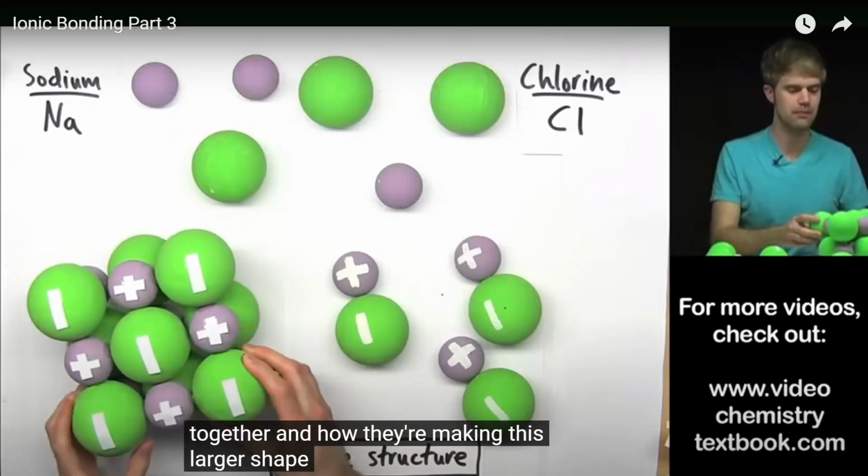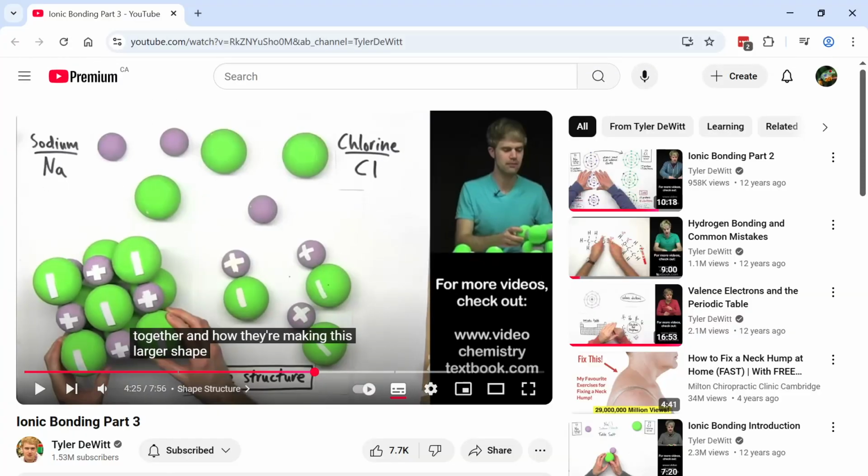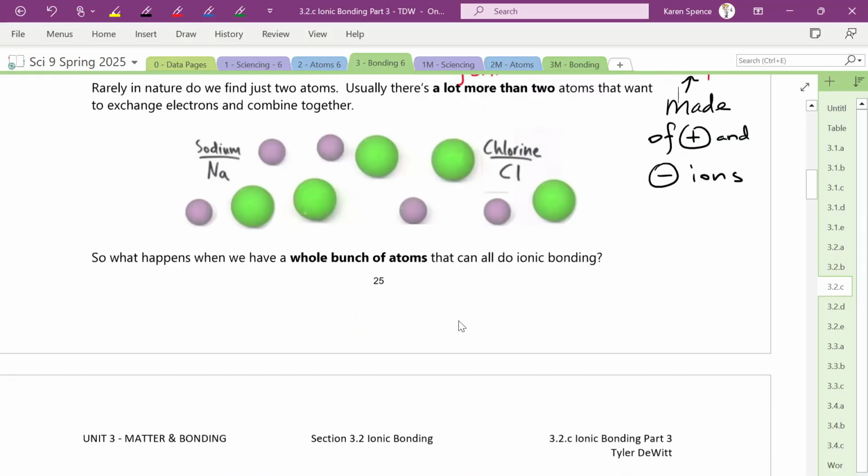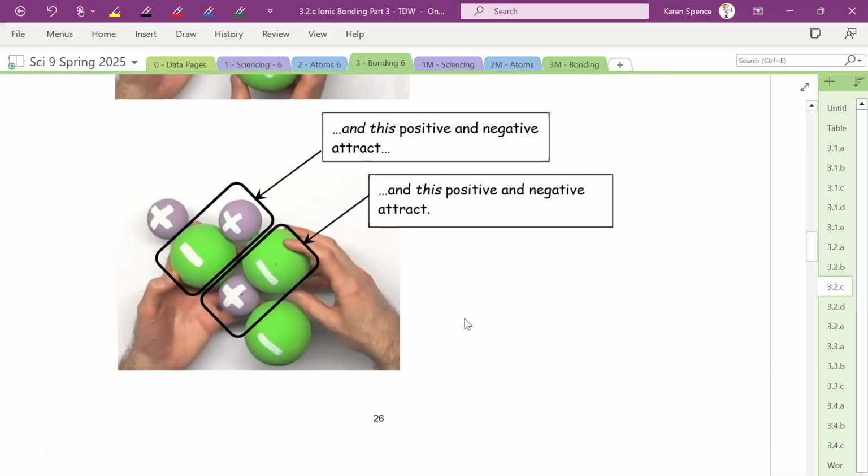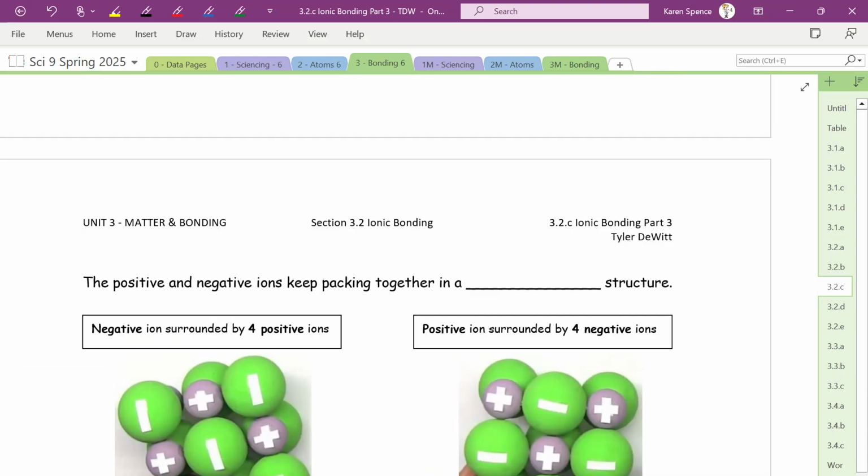Okay, so we can make sure we fill in that blank. And we could even call it a crystal lattice structure because we already know that. They fit together in a crystal lattice structure.